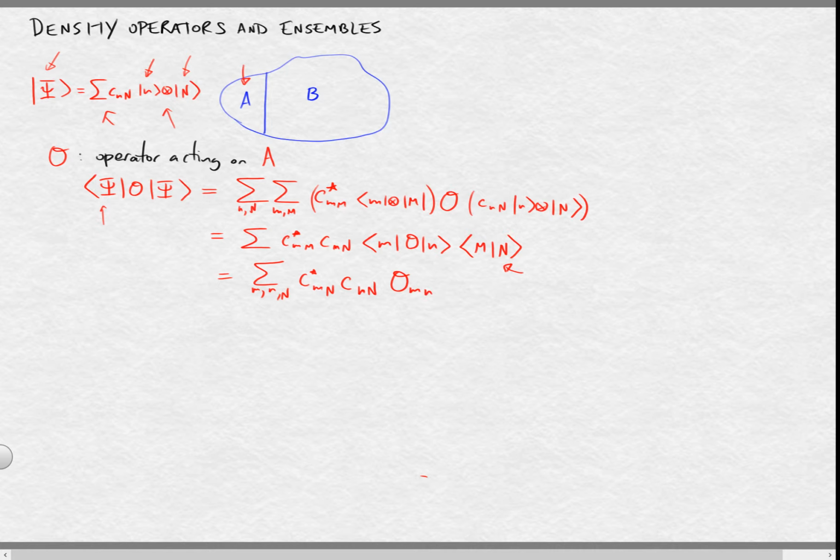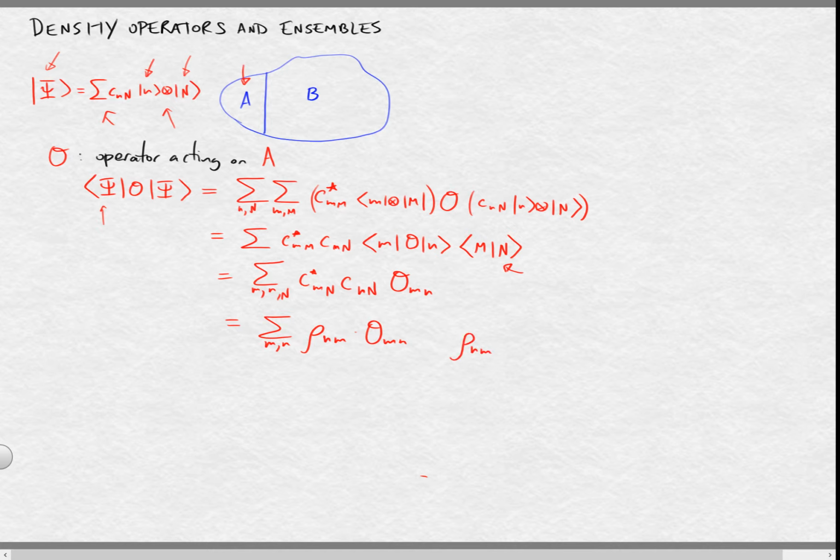Okay. And now I'm going to rewrite that further by defining a new object. So I'm going to rewrite this as just a sum over little m and little n of rho_mn. Sorry, let's actually write it as rho_nm times O_mn. Okay, so I've defined this new object.